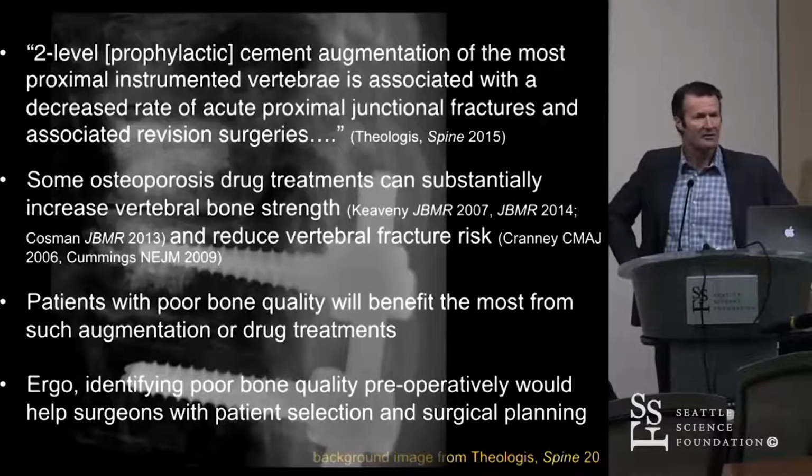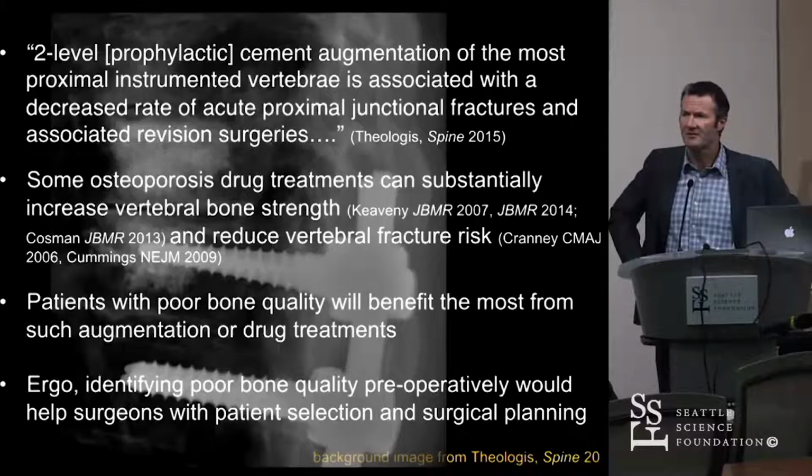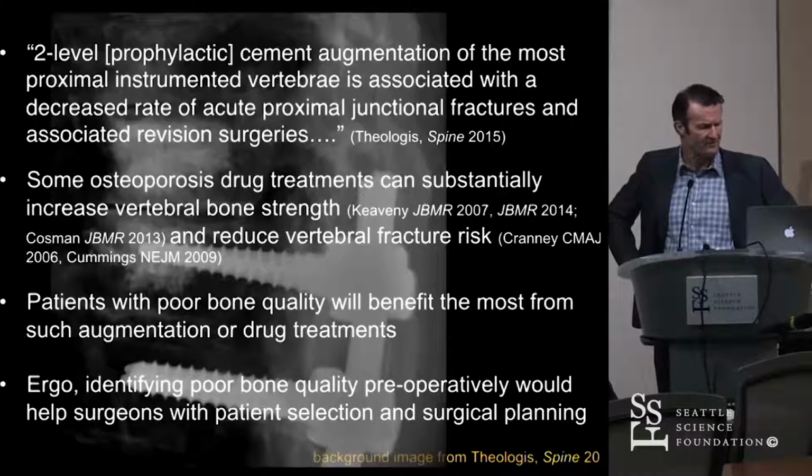It's not clear on the other approaches whether higher risk patients benefit more. So for example, if you do a kyphoplasty or a vertebroplasty in a patient that's at higher risk, it's not clear there'll be a bigger benefit from that kyphoplasty than in another patient.